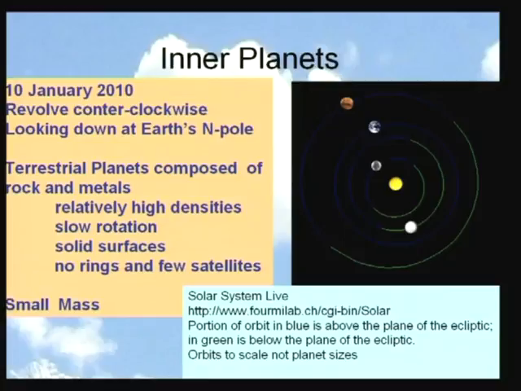The inner planets are the ones shown over here, and this picture shows you the position of the inner planets on 10th January 2010, and you can visit this website over here, which is the Solar System Live, and whenever you visit it, it will show you the position of the planets at that instant of time.